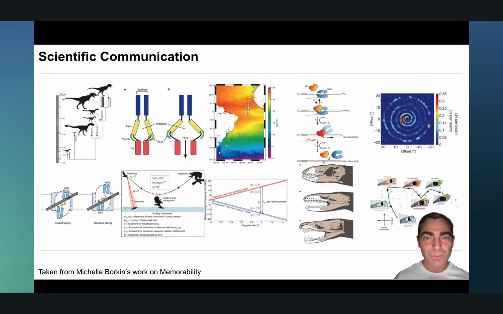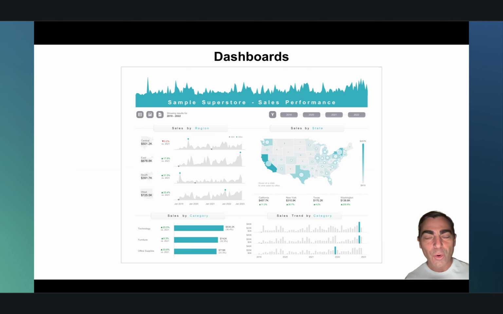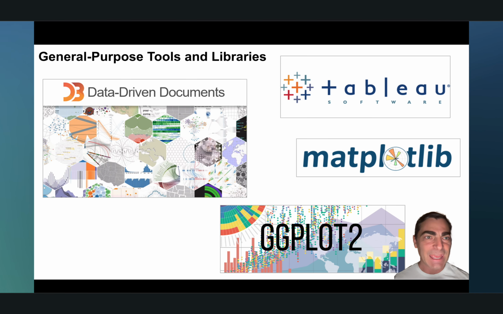Or in scientific communication, we have many images and visualizations in papers to explain scientific phenomena. Or in many companies, we have dashboards that help people make decisions or monitor certain situations. And we also have things like libraries or tools that help people develop data visualizations.